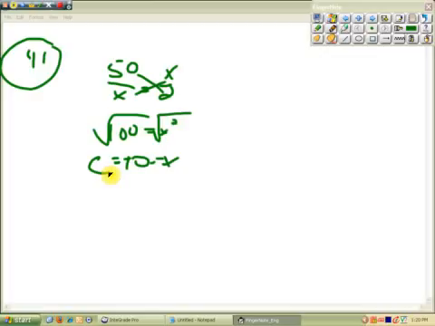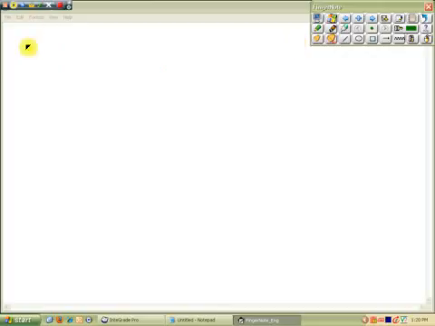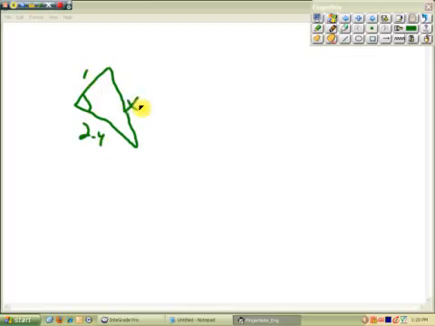Okay, 42. We got a triangle with a missing side, and it's a right triangle. So we will use the Pythagorean theorem to solve for it. It's going to be 1 squared plus 2.4 squared equals x squared, and remember x is c, our hypotenuse.